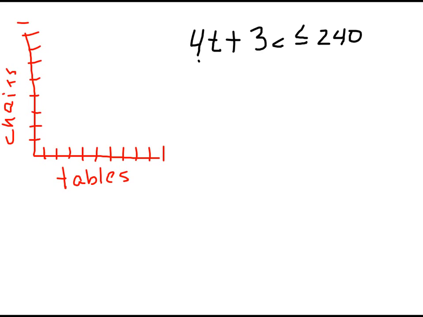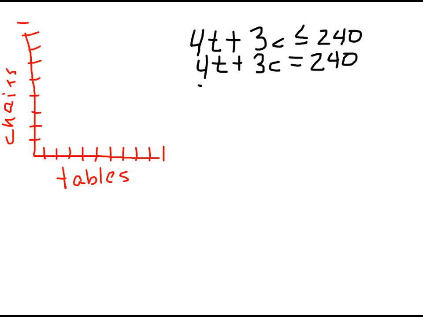Now the first thing I want to do is, because I'm solving this now as what's called a linear equation, I'm going to modify this just for a bit to change this less than or greater than to just a plain old equal sign. And I'm doing that because I'm trying to figure out exactly the angle of this line here and the position of this line.